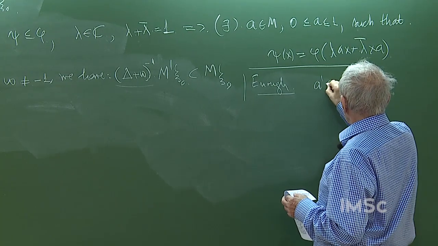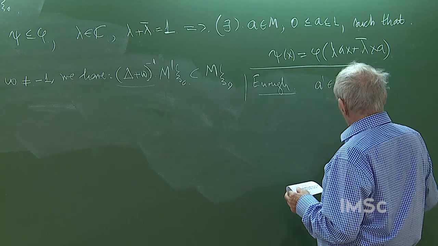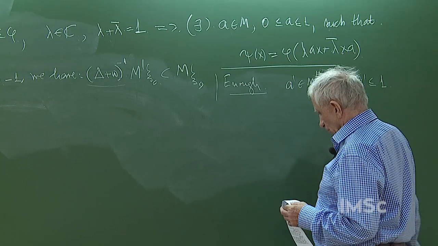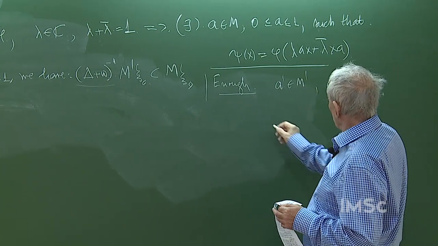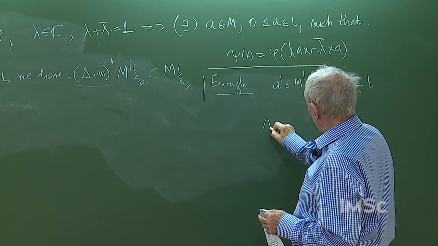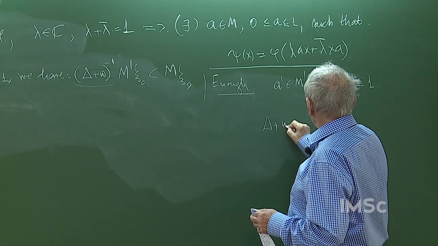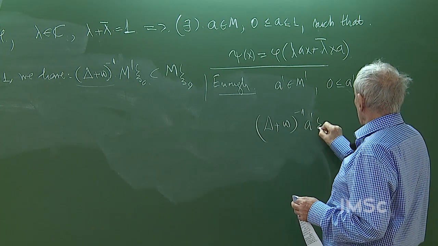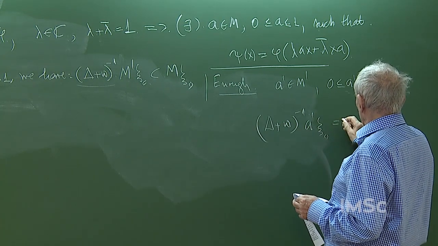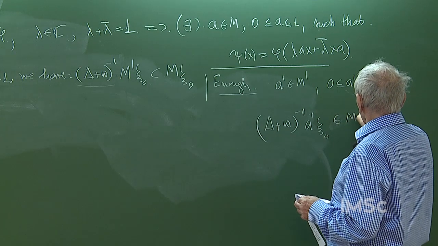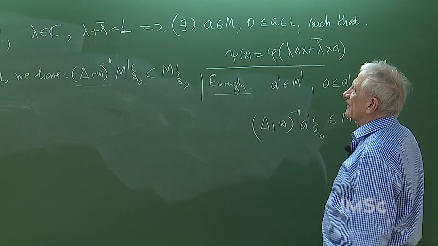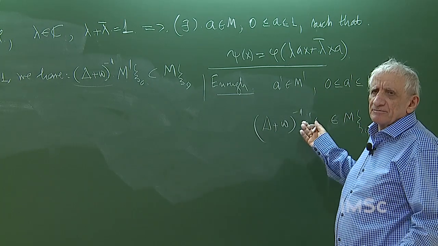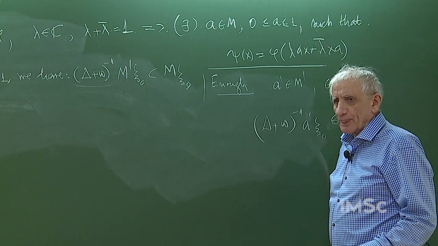Consider A prime in M prime, A prime between 0 and 1, and what we have to show is that delta plus omega minus 1 of A prime psi naught belongs to M psi naught. That means instead of an arbitrary element in M prime, it's sufficient to take a positive element between 0 and 1, which is obvious.